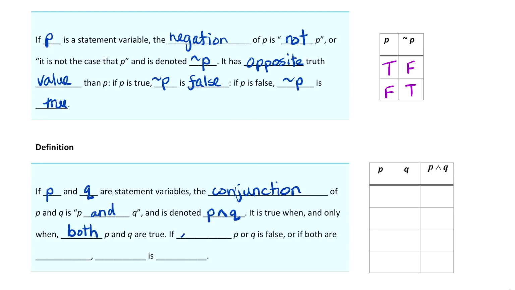If either P or Q is false, or if both are false, then P and Q is false.